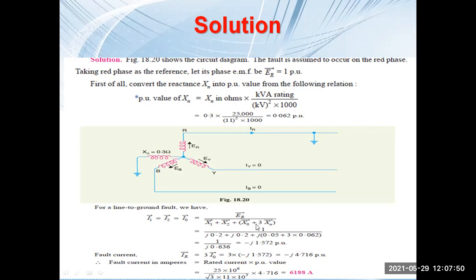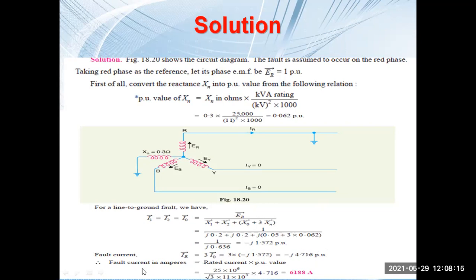So basically in this case, the fault current will be ER by X1 plus X2 plus X0 plus 3 times Xn. So normally the neutral reactance is taken 3 times. So that is 3Xn. So now if you know these things, you will be able to calculate the line to ground fault. And then the fault current will be basically 3 times I0.